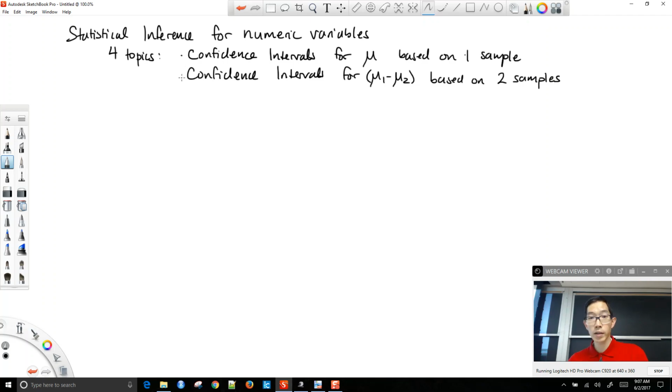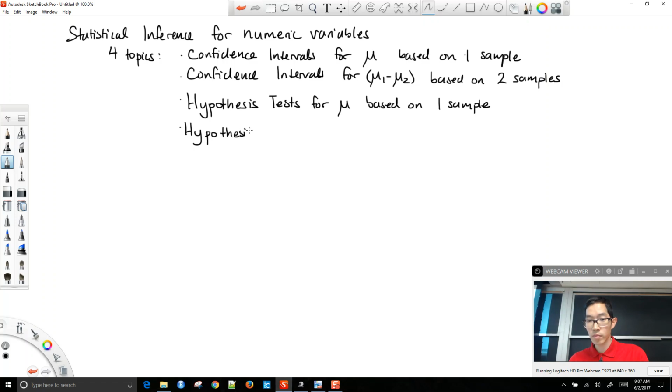We have hypothesis tests for mu based on 1 sample, and hypothesis tests for mu1 and mu2 based on 2 samples.